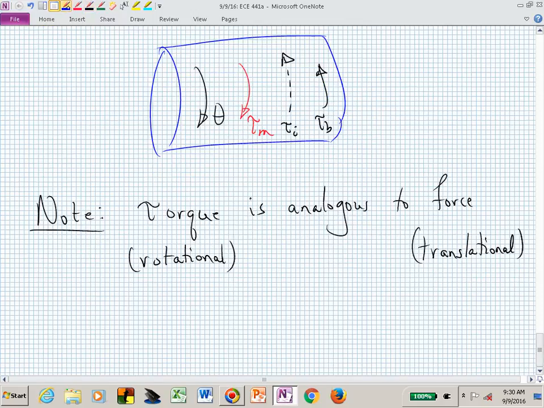To find the mechanical equations, like we did in the translational case where we sum the forces and set them to 0, now that we're accounting for the inertial torque, we can do the same thing with torques. Let's sum the torques and set them equal to 0.